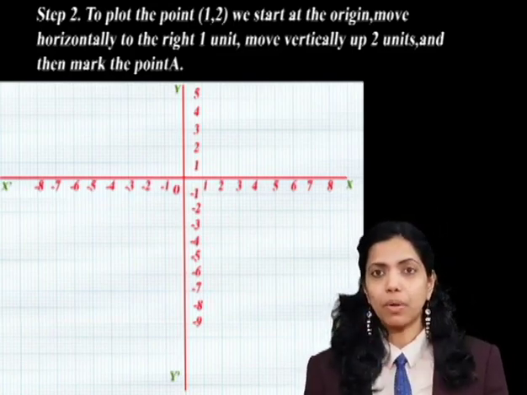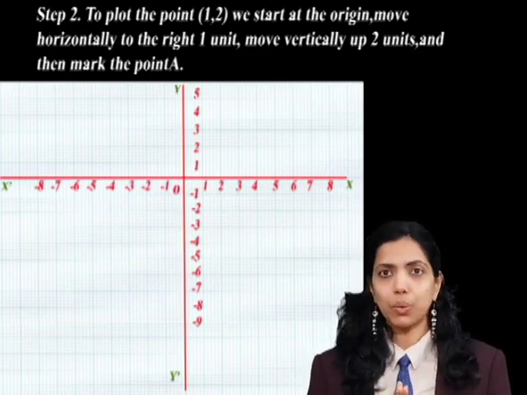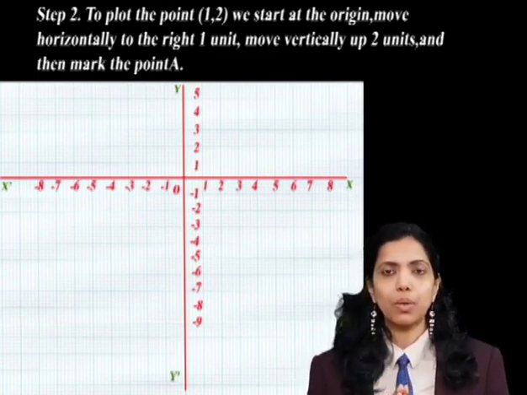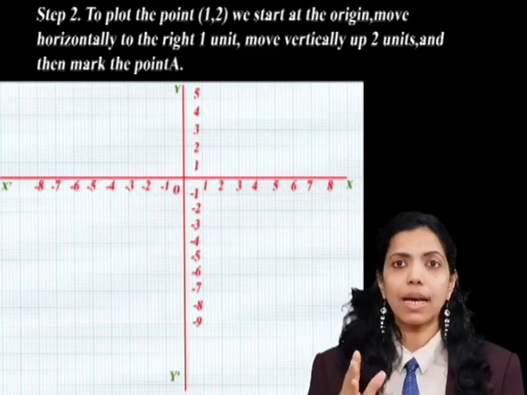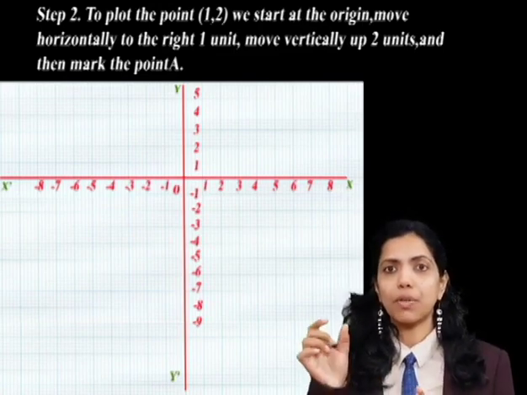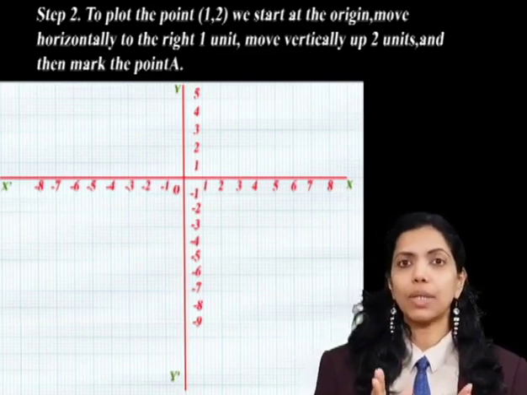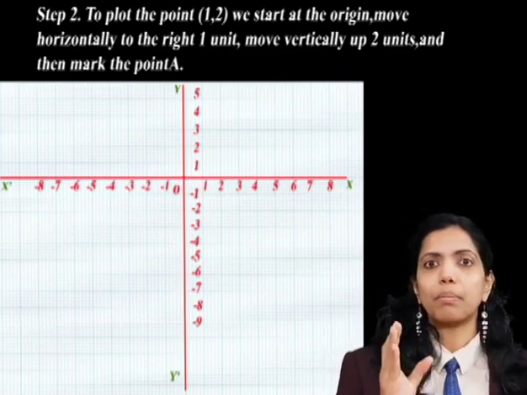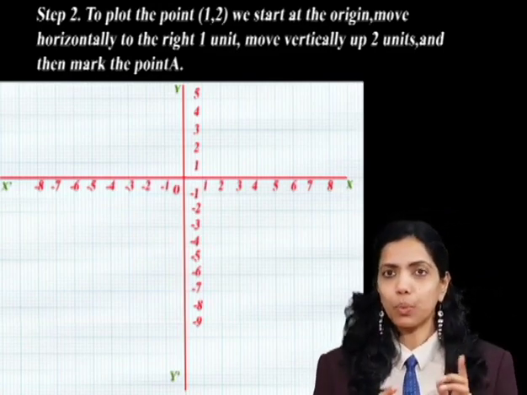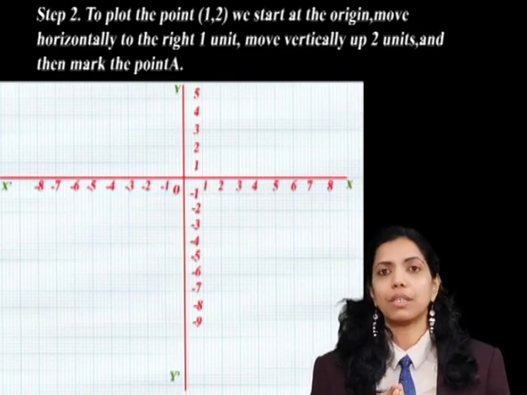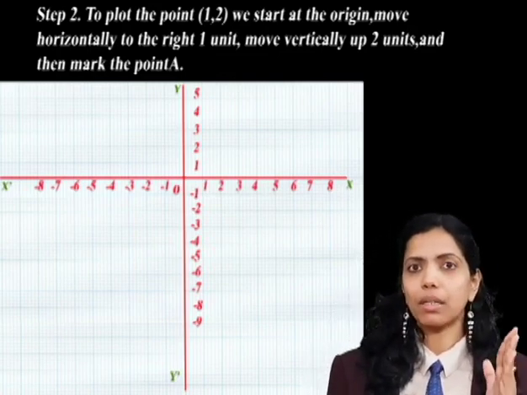How do we look for the points? It is given (1, 2), (-7, 2), (-7, -6) and (1, -6). If we check the abscissa, the x coordinate of the points, the maximum value is 1. So in the positive direction of the x-axis, we can mark 1.